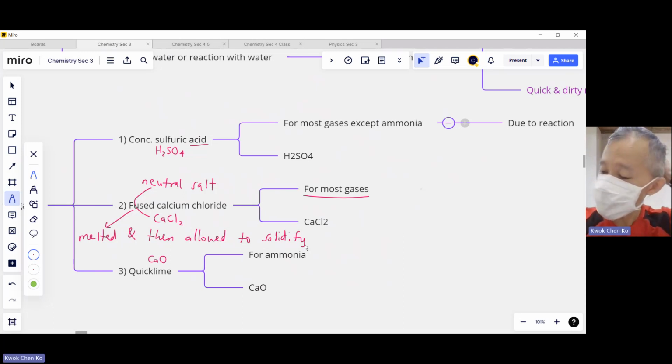I don't think I want to elaborate too much because they won't ask about this word. But basically, if you do not know what to use, this one will work most of the time to dry almost any gas. This one, quicklime, is CaO. There's another name for CaO. Make sure you know it. Calcium oxide.